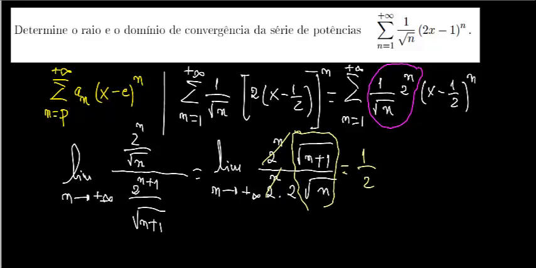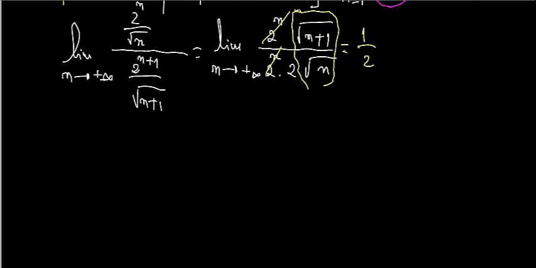So now I know the radius and I know the center. The center is 1/2. So on this side it will be 1/2 plus 1/2, which is 1, and on this side over here it will be 1/2 minus 1/2, which is 0.